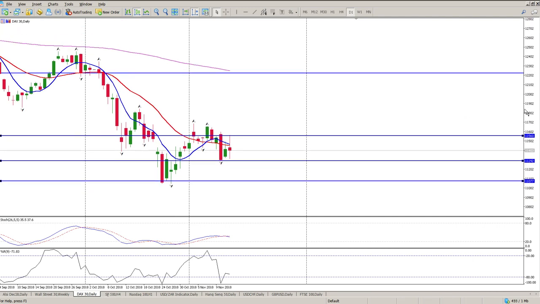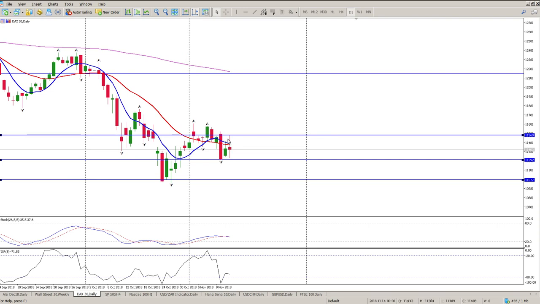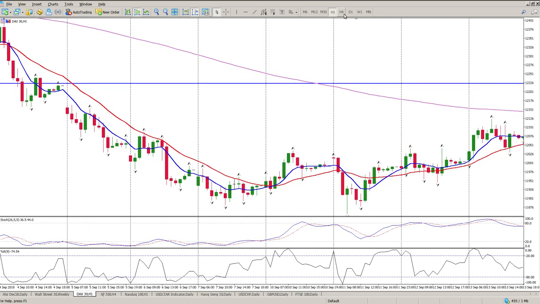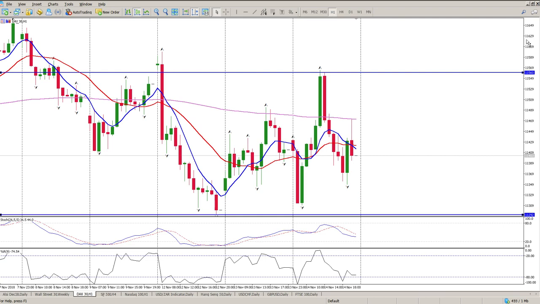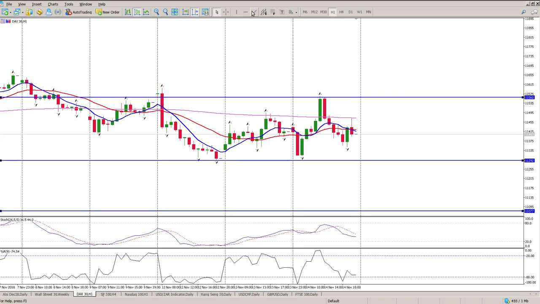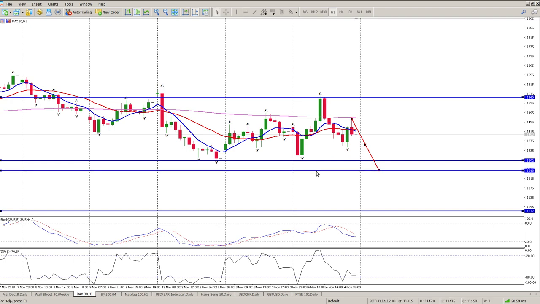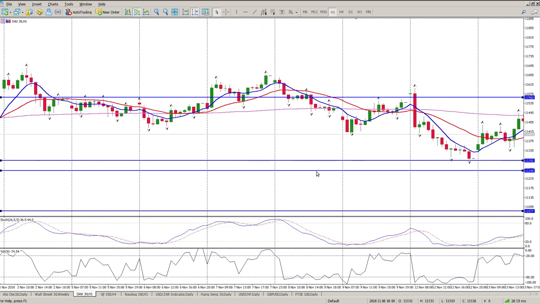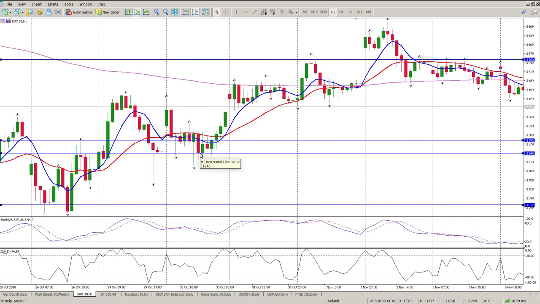So target 1 is obviously going to be your measured move. So target number 1 will be this measured move here. That's target 1, which is 11,248, which ties up with all these things.